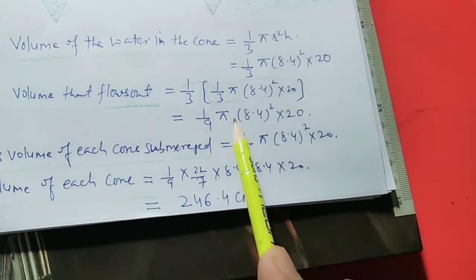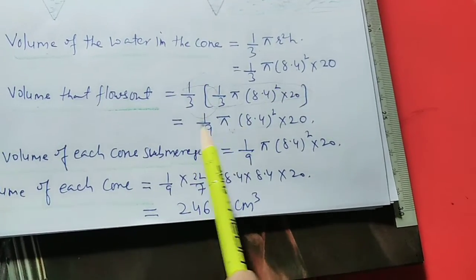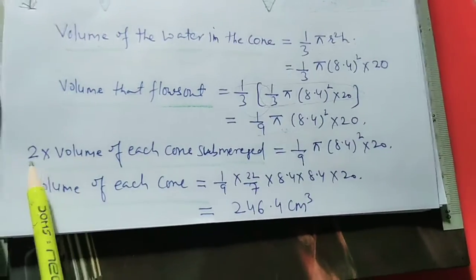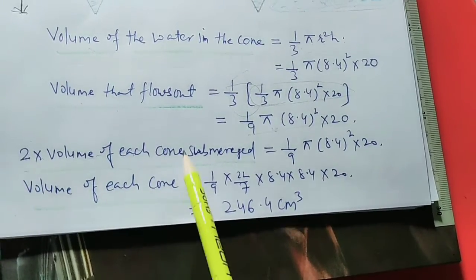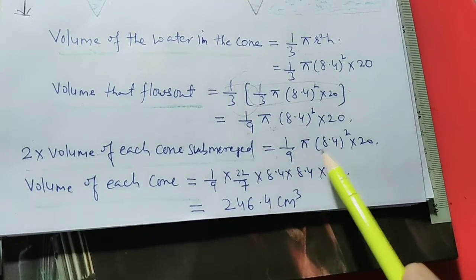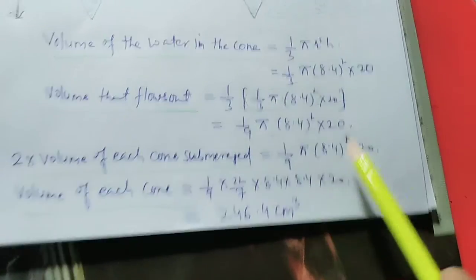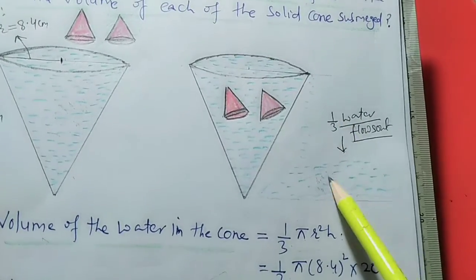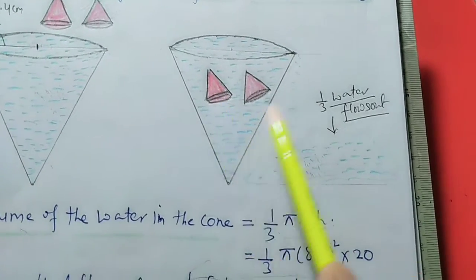And you know why this water flows out? Because we have dropped some cones. So 2 into the volume of one cone will be equal to this overflow water, that is this volume. Because why does this water flow? Because of these two cones. So the volume of these two cones will be equal to this water.